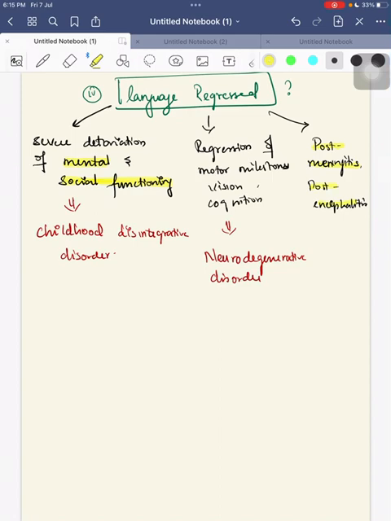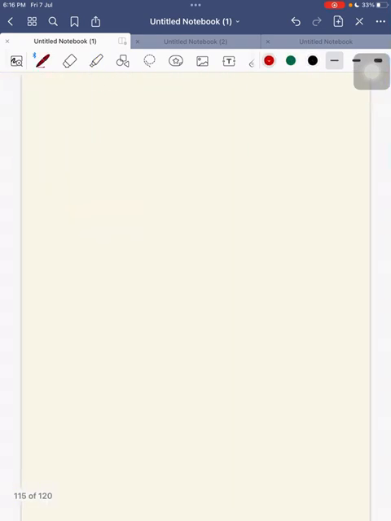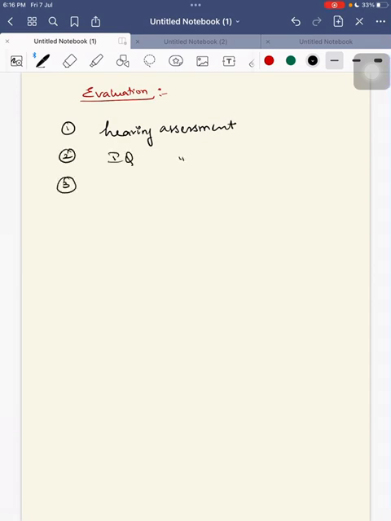Okay. Next, how are we going to evaluate the speech problems? Next is evaluation and investigation. First, when the language is delayed, you have to look for hearing impairment, so you will be doing a hearing assessment. Next, you have to check the IQ assessment to rule out whether the child has mental retardation or not.